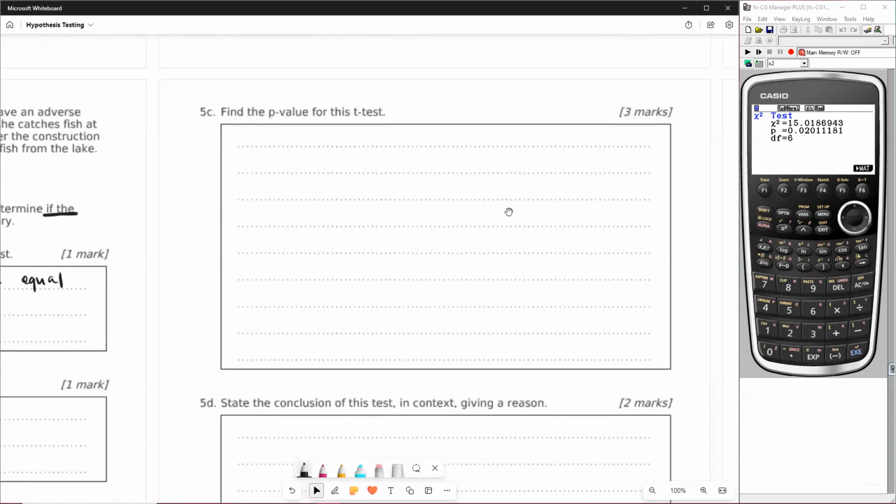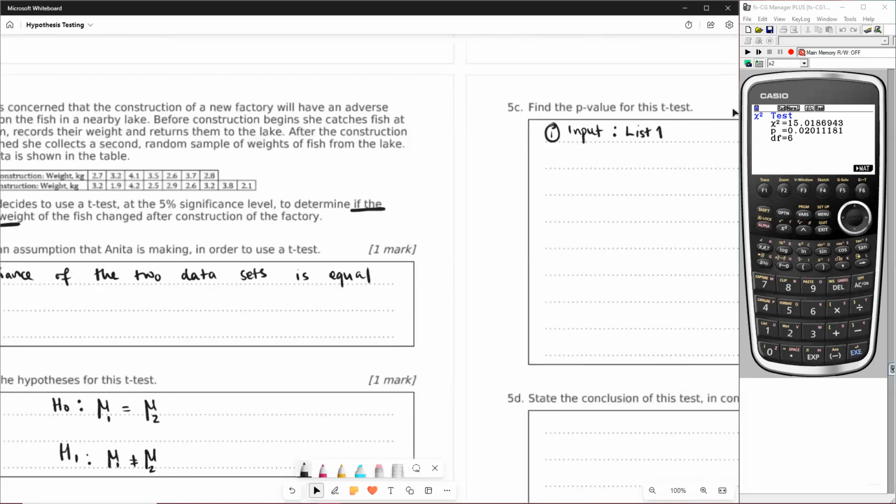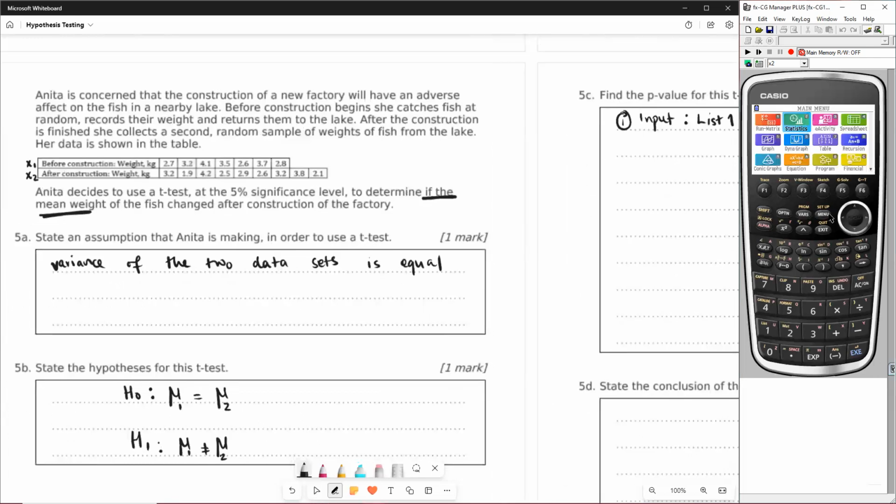Find the p-value for this test. For this test, how you put your input is you just use the lists. So you're going to have list 1 and list 2. Okay, going back to the menu, going back to statistics. And I'm going to change this list.